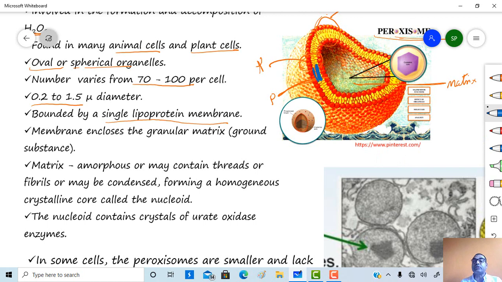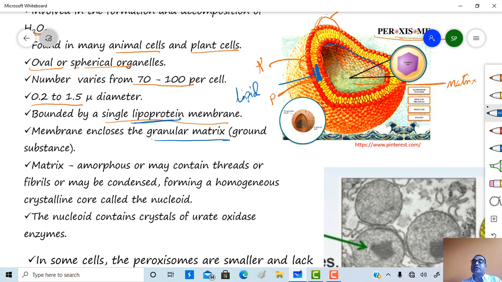So this is the region of the lipid bilayer. These peroxisomes are bounded by a single membrane, and the single membrane is a lipoproteinous one. The membrane encloses a granular matrix.